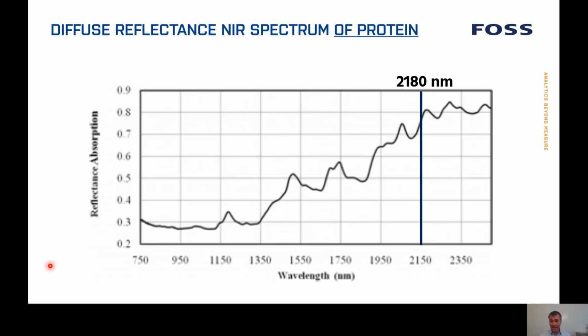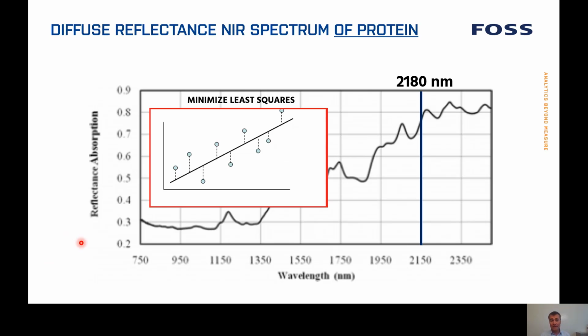So we can analyze 10-12 samples shown here. So we can have the concentration on the x-axis and the intensity at 2180 nanometers on the y-axis. And then we utilize least squares mathematics. So we would like to minimize the least squares.